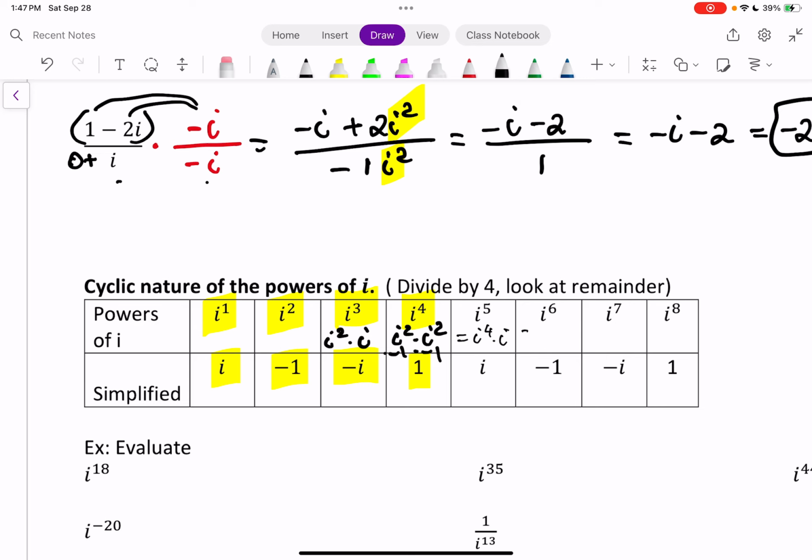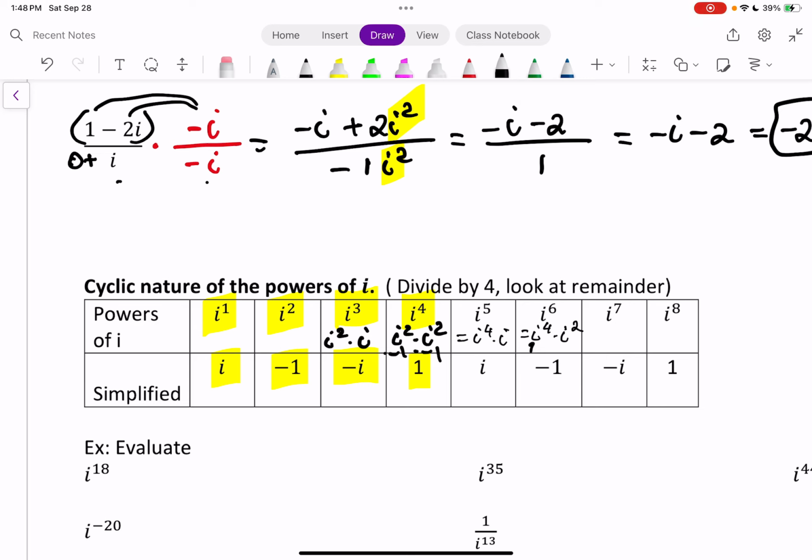i to the 6th is i to the 4th times i squared, right? So it's a repeated multiplication. You can look at the first 4 i factors in that product as i to the 4th times 2 more i's to get you to i to the 6th. But i to the 4th is 1. 1 times i squared is back to -1.